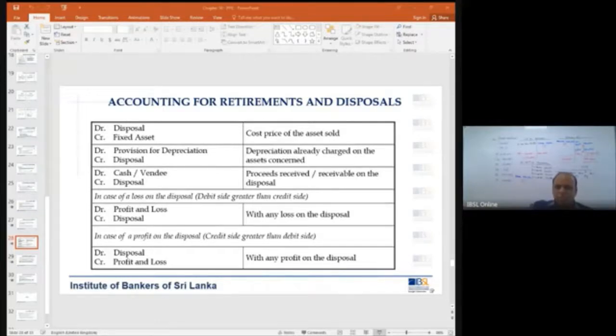These are the basic information that have been given to you. So the date of purchase is there, cost is there, date of disposal is there, and the price they have sold for is there, the depreciation policy is there, and the annual depreciation charge is also given. Now let's look at the questions. What is the carrying value of the machinery at the time of disposal?